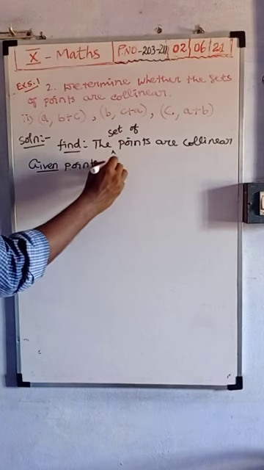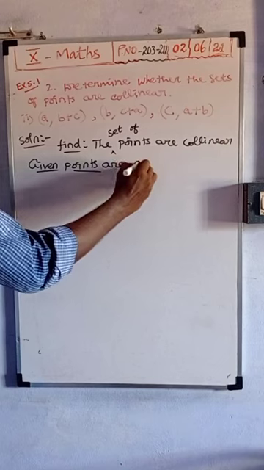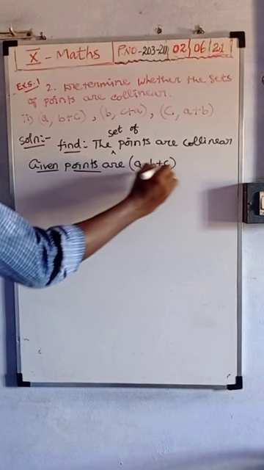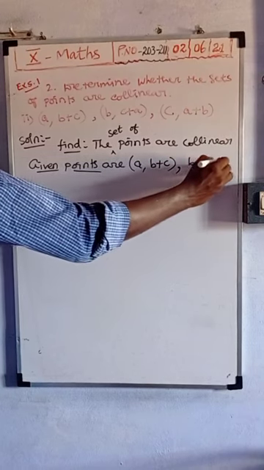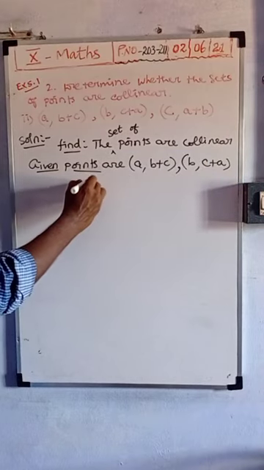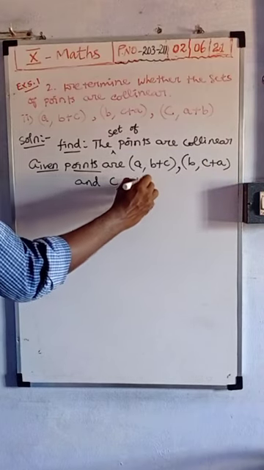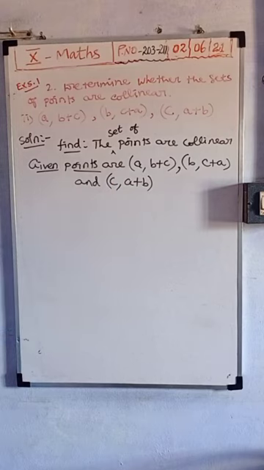Given points are A, comma, B plus C; B, comma, C plus A; and C, comma, A plus B. So these are the given points.